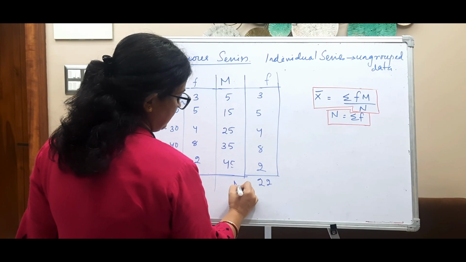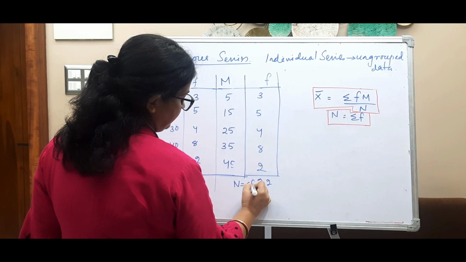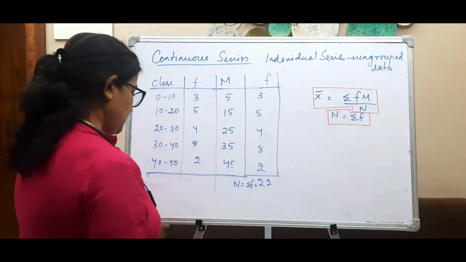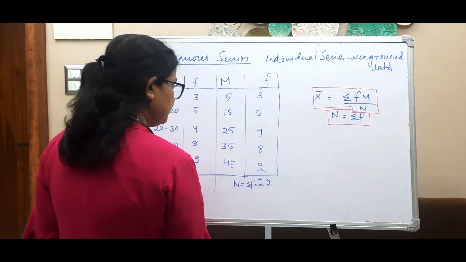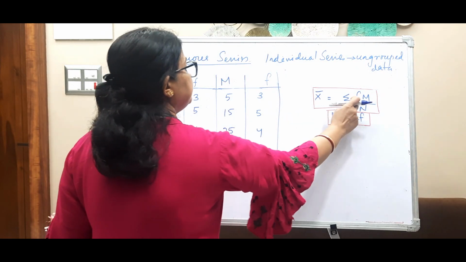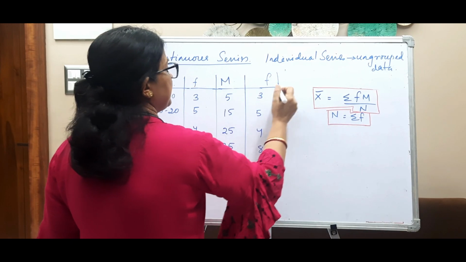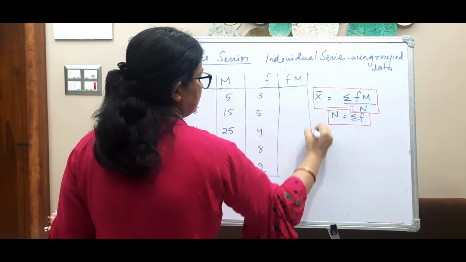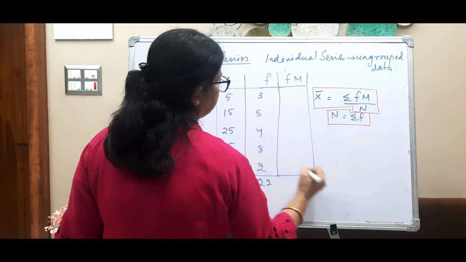So sigma n equal to sigma of f equal to 22. Next we need to find f into m, so we have to add another column here, that is f into m.